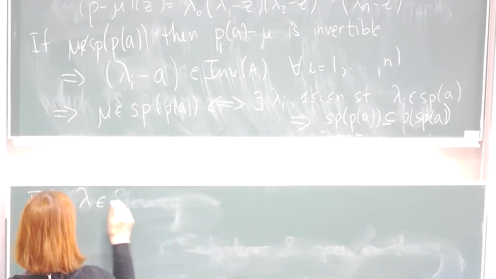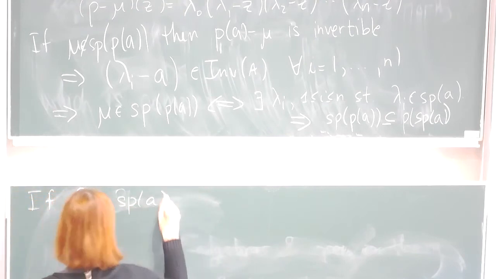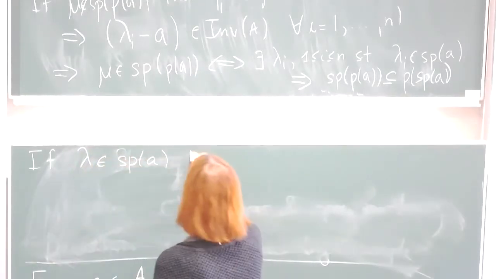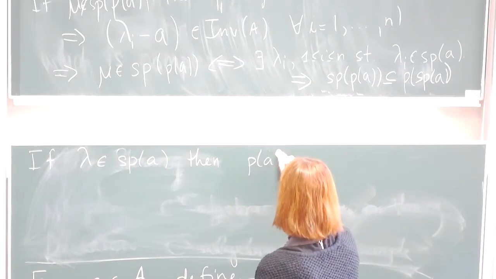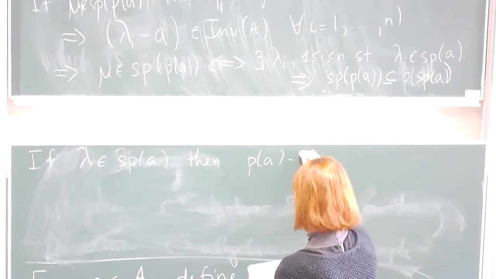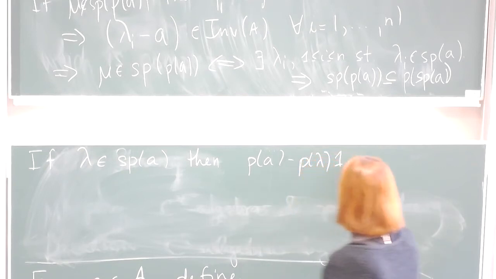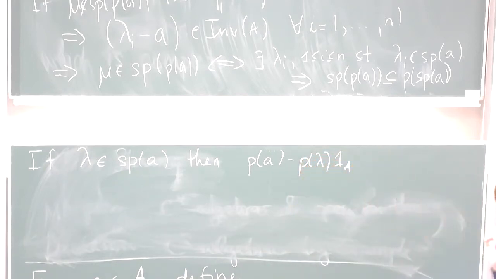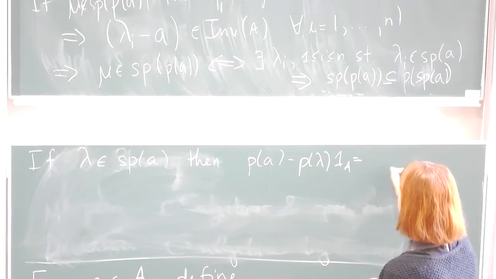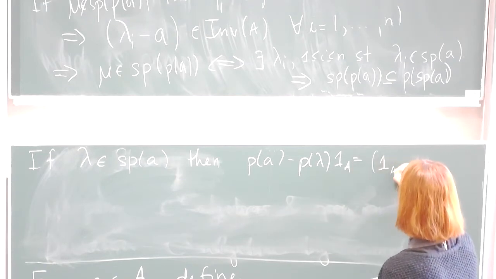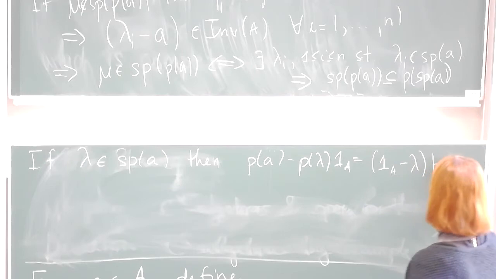Conversely, if we have lambda in the spectrum of a, then we want to look at P(a) minus P(lambda) 1_A. We can write this as (a minus lambda 1_A) times b for some b.